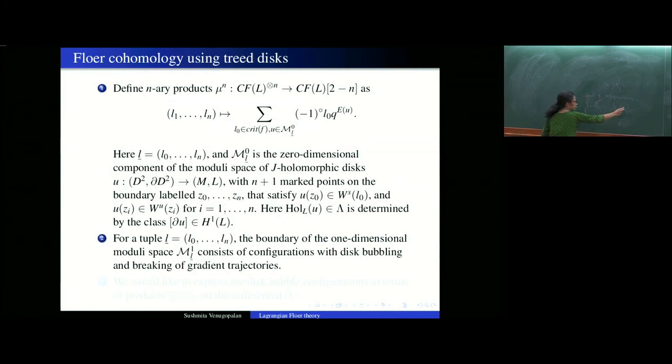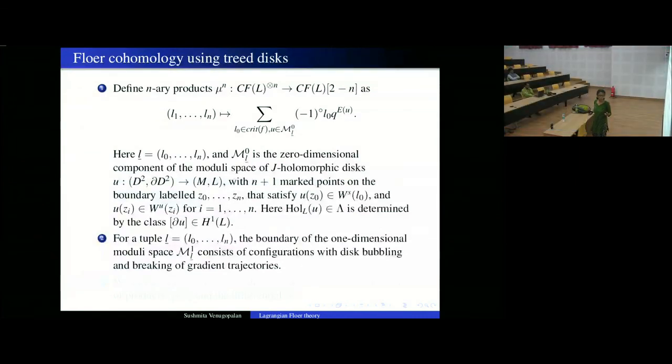The disk bubble can be here, it can be here. So all these are actually different. But the bottom line is, in the codimension 1 strata, we have disk bubbling and breaking of gradient trajectories. So these are the kinds of configurations you have.